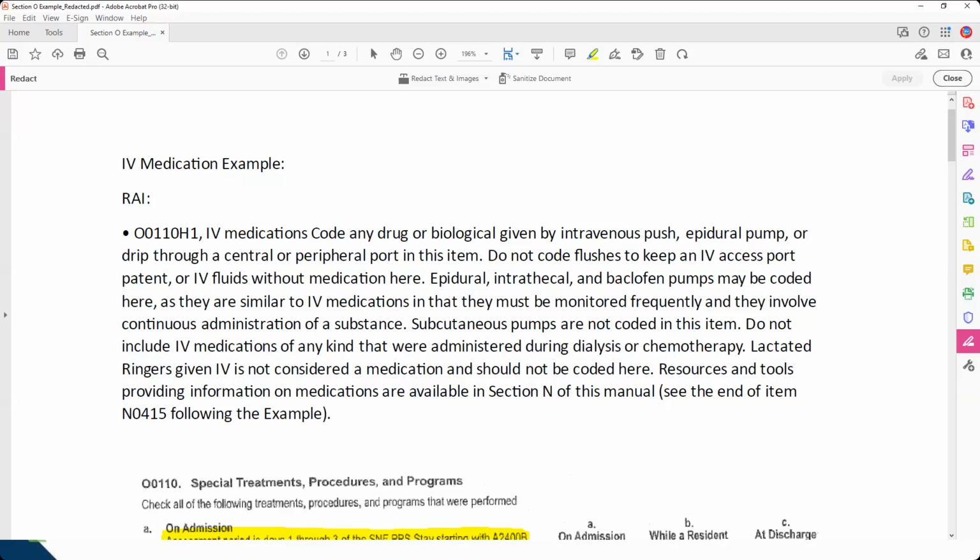So do not include IV medications of any kind that were administered during dialysis or chemo. That's part of that treatment. Lactated Ringer's given IV is not considered a medication and should not be coded here. So resources and tools providing information on medications are available in that section of the RAI manual.